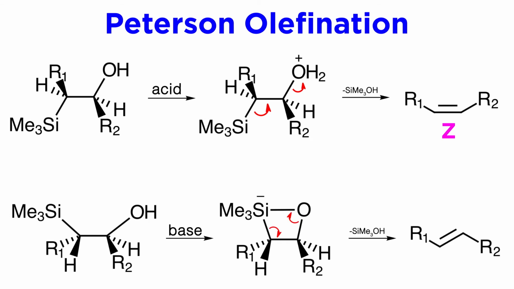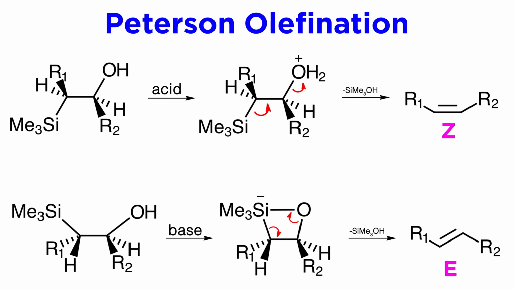These silanolates have a tendency to fragment and yield an olefin. The silicon-containing product is, after aqueous workup, the same as obtained with acid, hexamethyl disiloxane. Due to the syn-coplanar nature of the elimination transition state, in this case the olefin that forms is exclusively E.